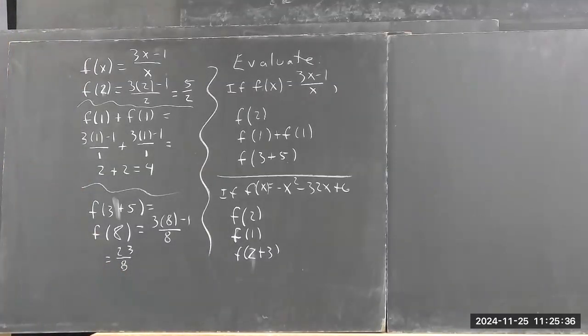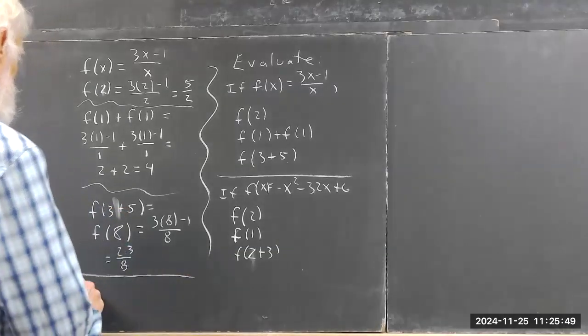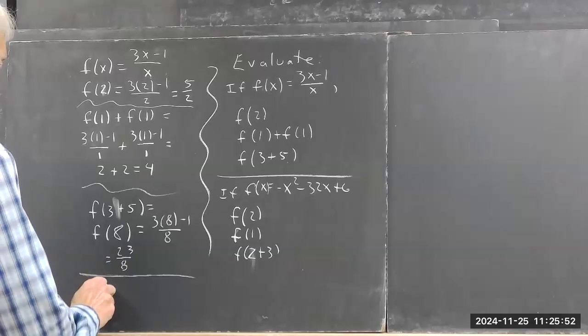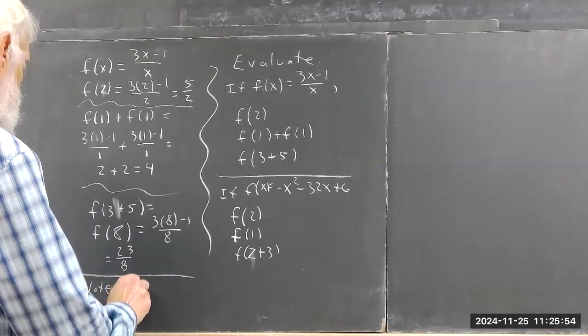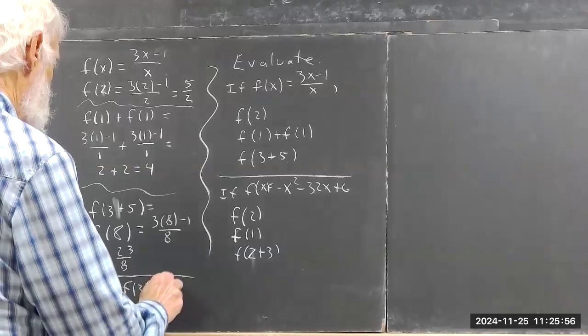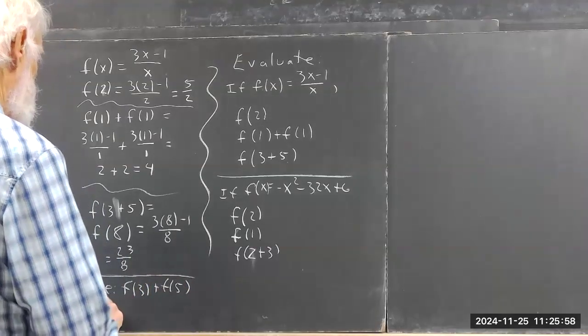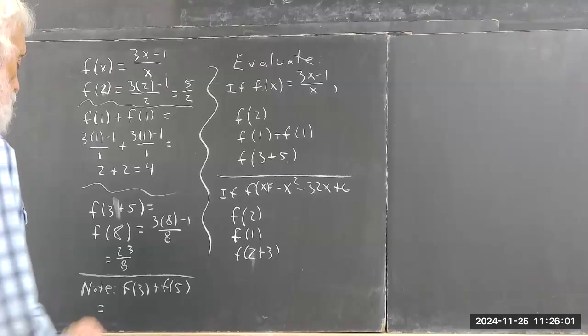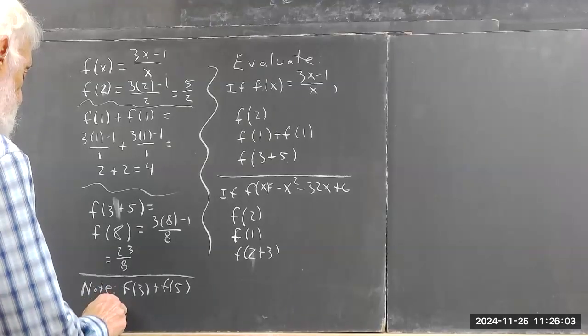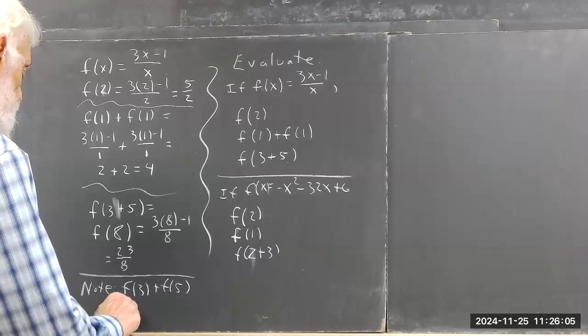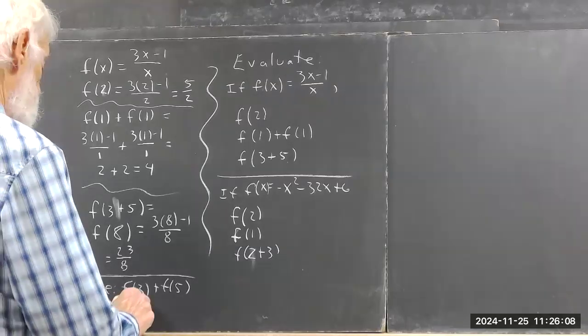I didn't check all the answers, but everybody was substituting correctly. So the one thing you don't want to do is think this is f of 3 plus f of 5. Well, f of 3 is 8/3, and f of 5 is 14/5.